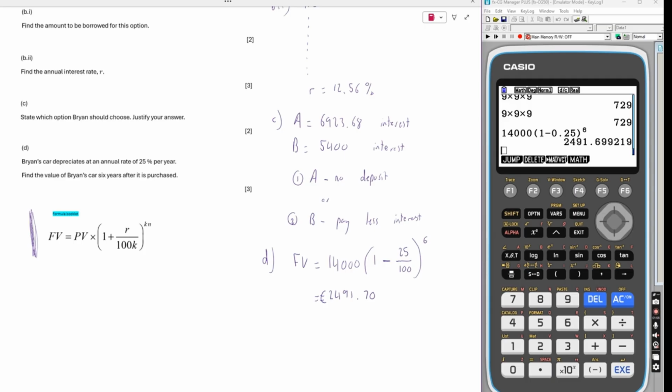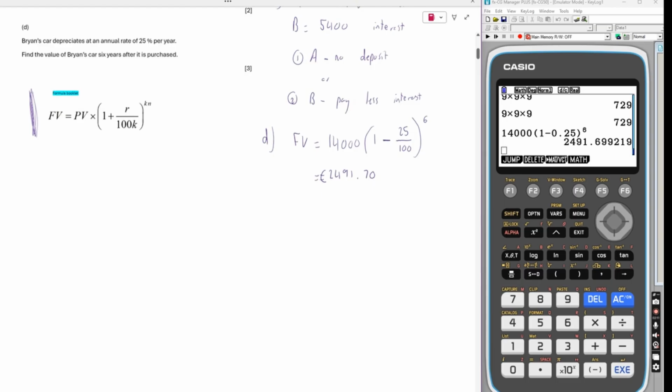For this question, it's worth 3 marks. You get 2 marks for showing the top line, which is the correct substitution, and you get a mark for showing the correct answer. The other way that you could do this is on your calculator. You could type in all of these different values.